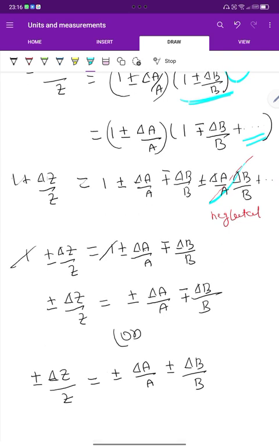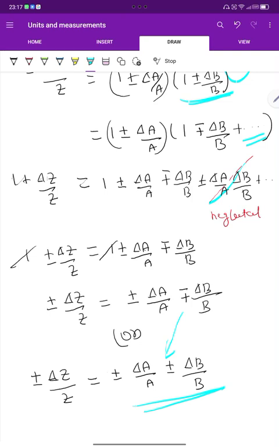Thus the relative error in the resultant quantity is equal to the sum of the relative errors in the individual quantities. Here you can see this minus or plus is converted to plus or minus, so this won't affect our result, because the error that we are studying will always be either plus or minus.